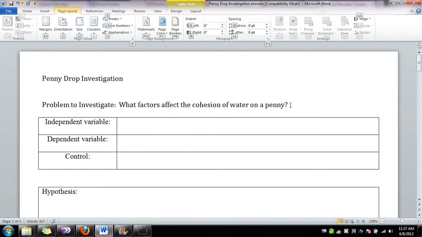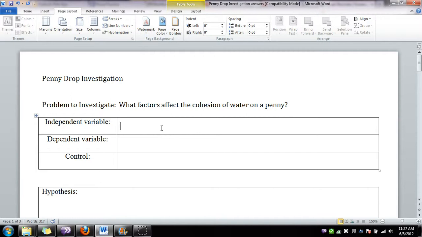And when you see this in the collection of data part of the lab, you'll see that the water or the other liquid that we choose to use forms a bubble on top of the penny. And we're looking at the factors that might affect how many drops of water we can fit on the surface of a coin. So let's move right into the lab.